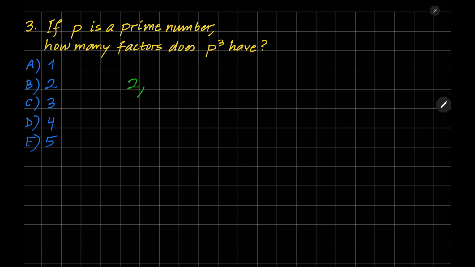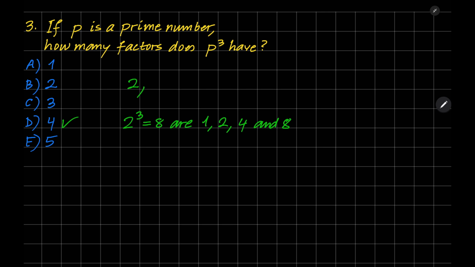The factors of 2 cubed, equal to 8, are 1, 2, 4, and 8. There are 4 factors. So the answer D is correct.